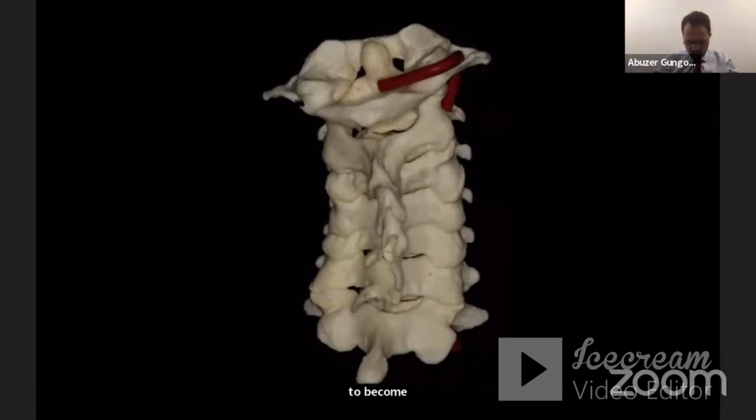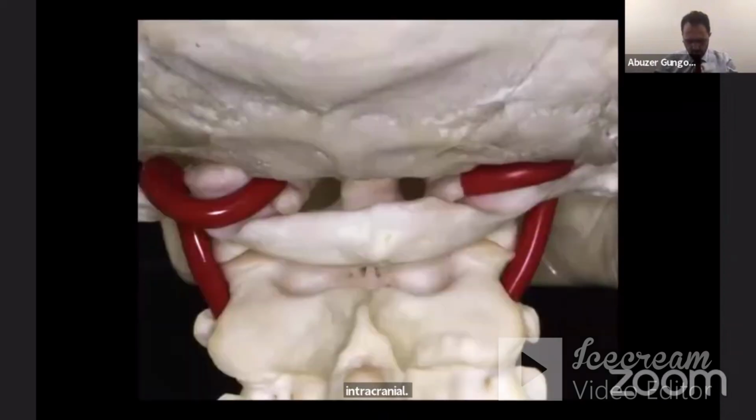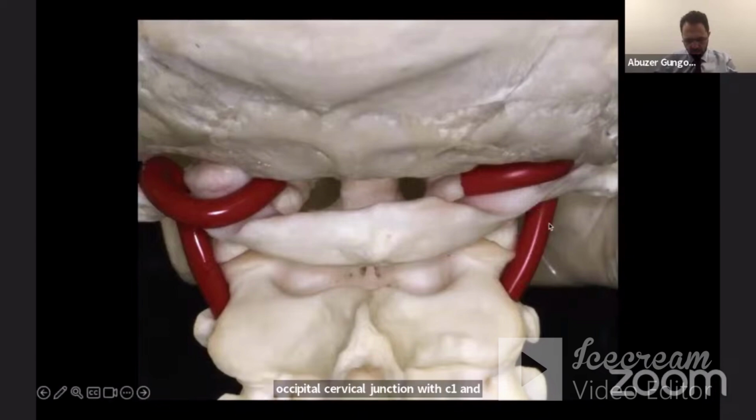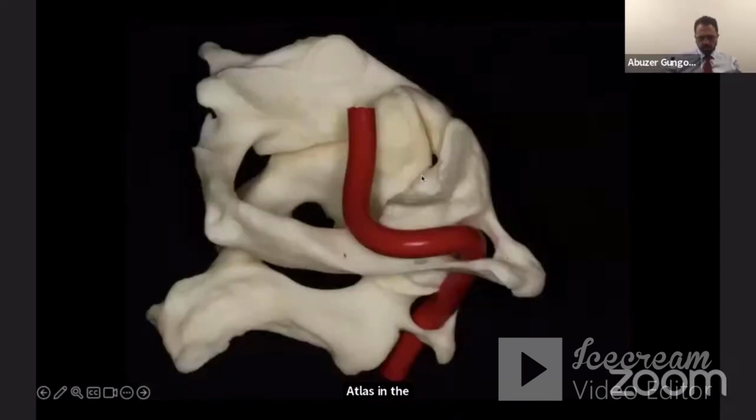intracranial and intradural. So this is the posterior aspect of the neck, where we can see the occipitocervical junction with C1 and C2, and the segment that is just lateral to the C1, C2 joint, and then the segment that goes around the lateral mass of the atlas in the sulcus arteriosus here to become intradural.